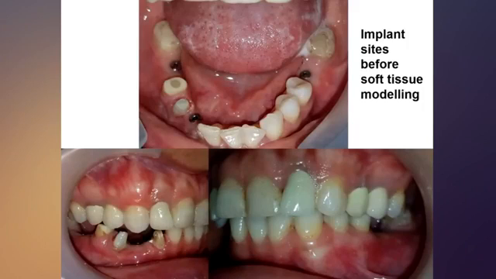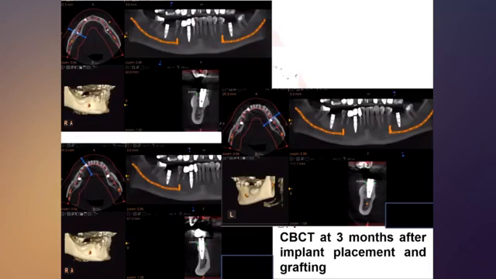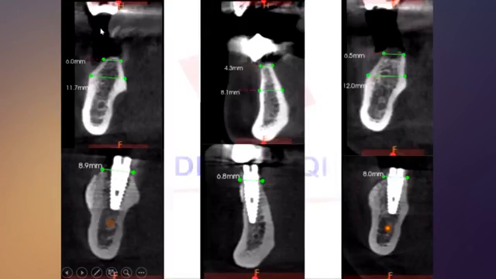These are the sites, and as you can see, there are other changes to happen in our mouth. But what's important for us is that we have enhanced all the bone sites. As you can see, from before to after, it has increased extensively.